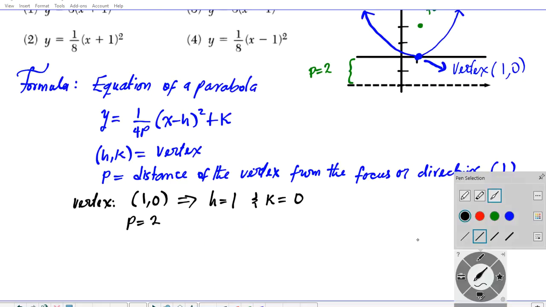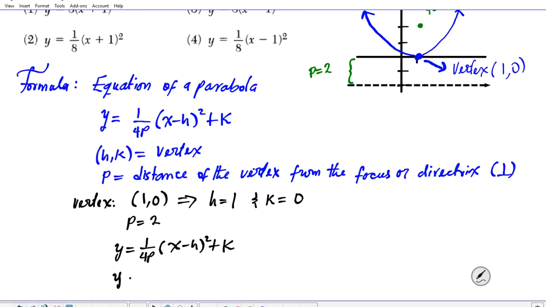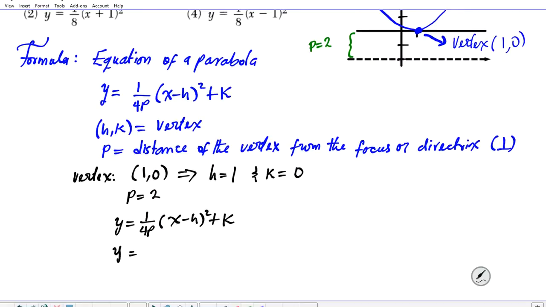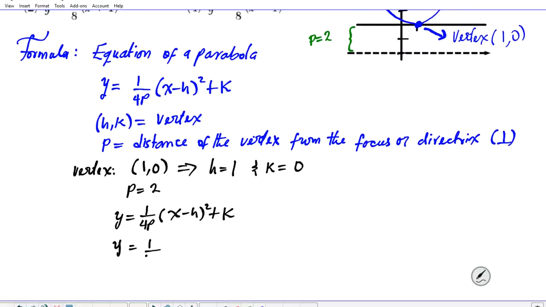So let's rewrite the formula so we don't make any mistakes. It's y equals 1 over 4p times x minus h squared plus k. So we have y equals 1 over 4, p is 2, times x minus h, which is positive 1, squared plus k, which is 0.